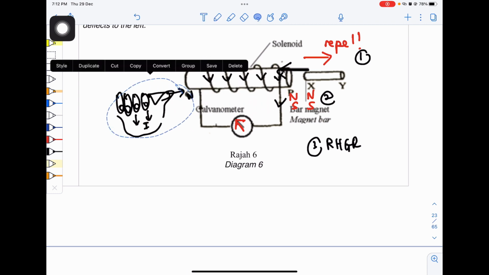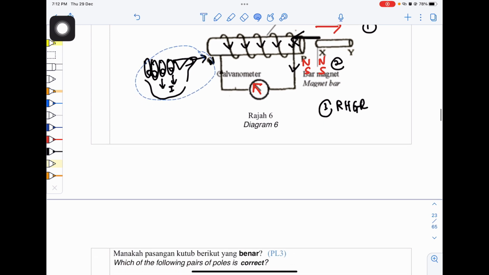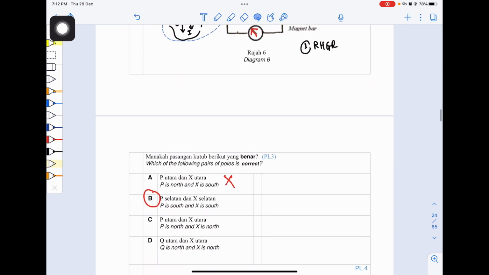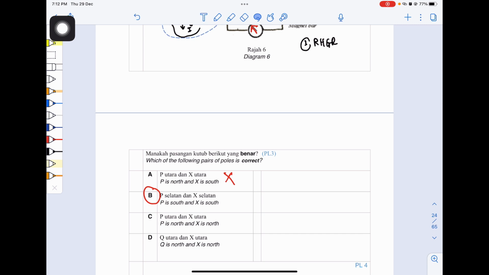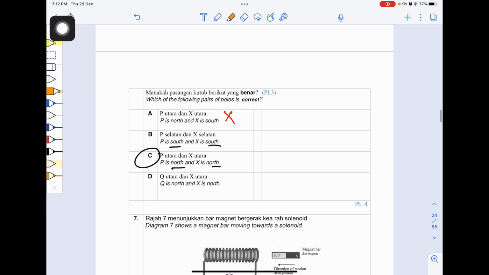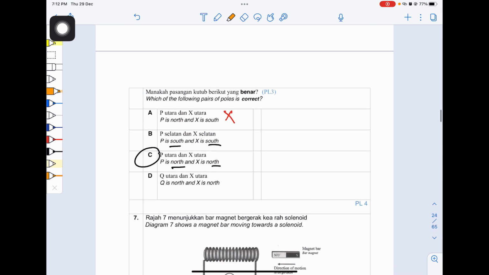Jadi jawapan dia north, north. So south, south tak boleh terima lah. So bukan B. But number 5, number 6, the answer is C. Faham kenapa? Nampak ni south, south, north, north. Tapi yang menentukan sekarang sebab soalan ni dia bagi dah direction. Jadi kita tahulah it's not south. Okay, kita stop dulu sini.